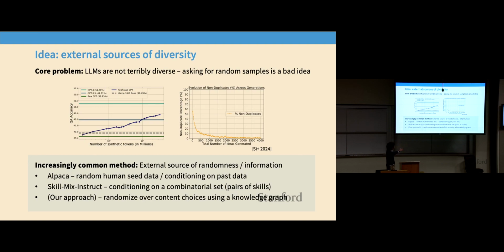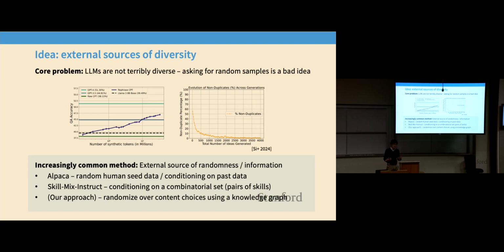To give some examples, Stanford Alpaca, which was a really early instruction tuning model we built, we have random human seed data, and we condition on the past data. So when you generate, you always sample a random set of other data you've already generated, and try to generate something that is different from that. Some folks at Princeton came up with this approach called skill mix instruct.